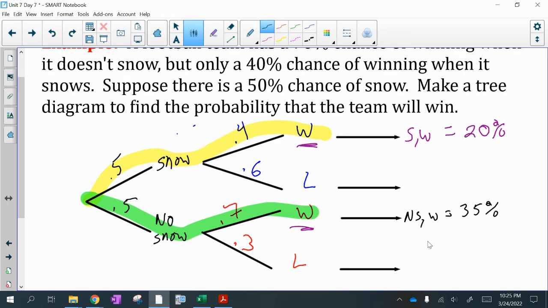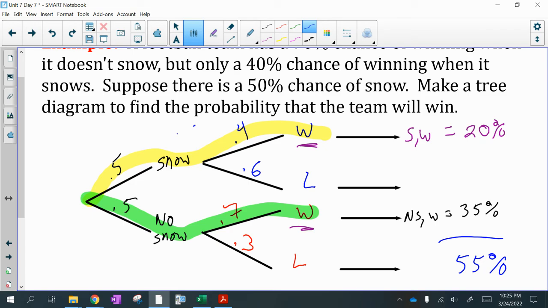Okay, so once I've gotten myself to there, I'm going to say that's the diagram to find the probability that the team's going to win. I'm going to sum these things up, and I'm going to say I've got a 55% chance of my team winning based off of the current weather conditions.